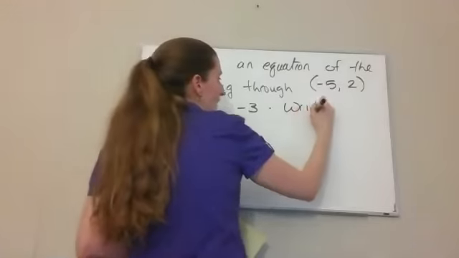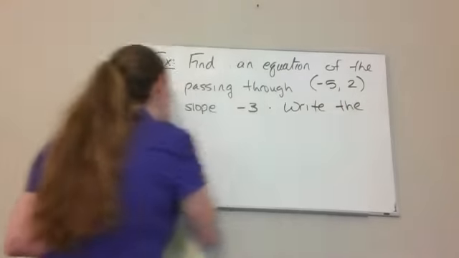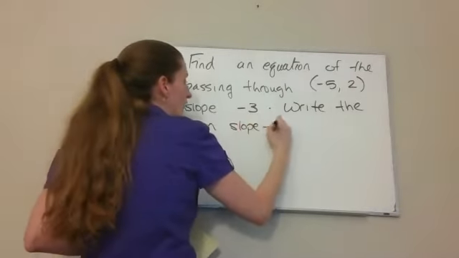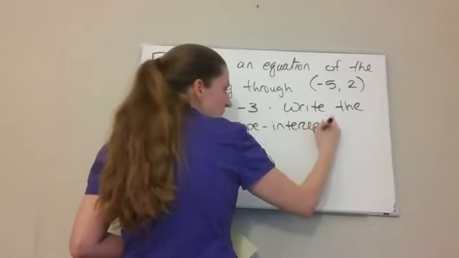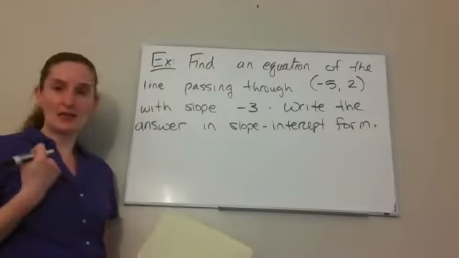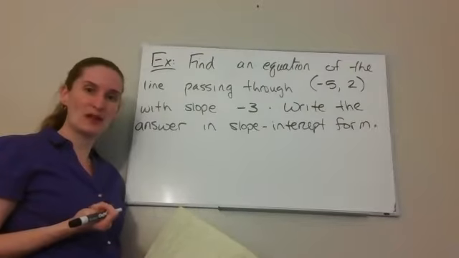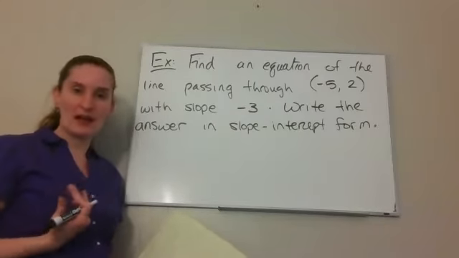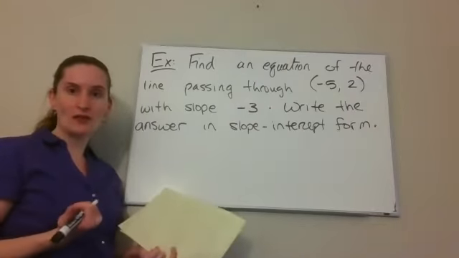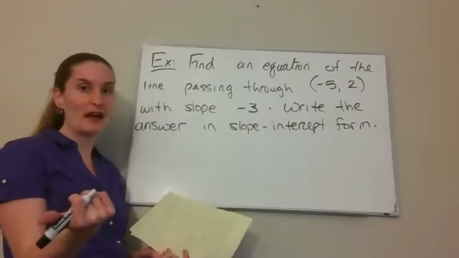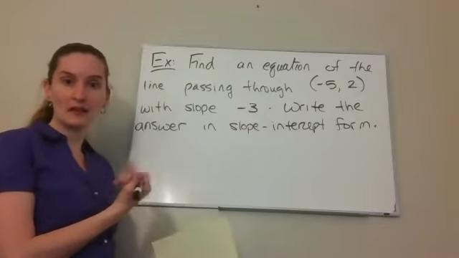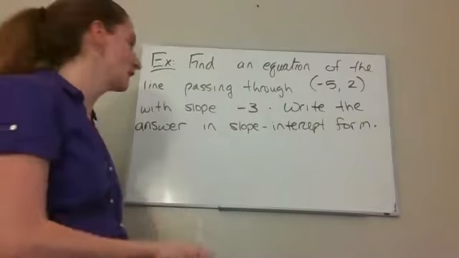And then write the answer in slope-intercept form. So last time we did a problem similar to this, and we actually used the slope-intercept form to find the equation right away. We plugged the slope in for m, and then we plugged in -5 and 2 for the x and y, and then we solved it to find b, and then we had to write our final answer after that. Using the point-slope form first is actually, I think, a little quicker and easier, which is why I happen to be a big fan of point-slope form.